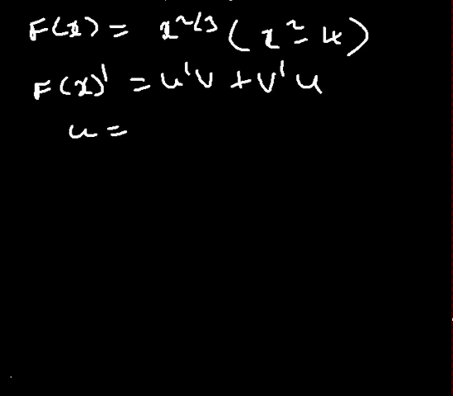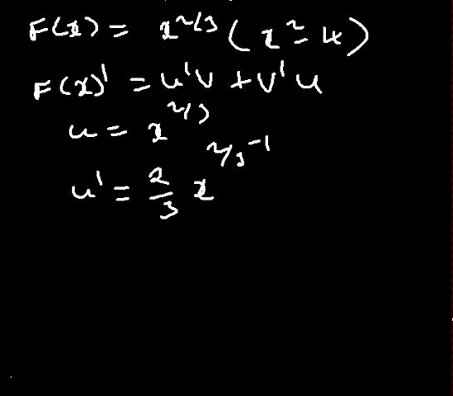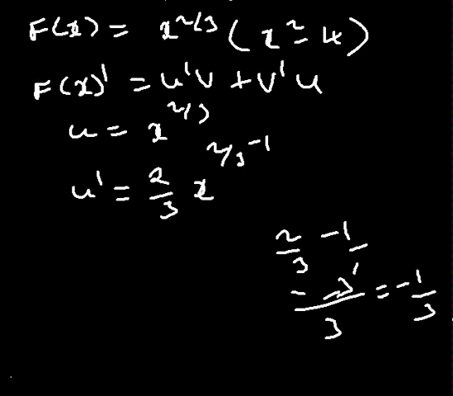And what is the u? We have it as x to the power 2 over 3. And what is the u prime? We should have it as 2 over 3 times x to the power 2 over 3 minus 1. Thus we have 2 over 3 minus 1, which is negative 1 over 3.